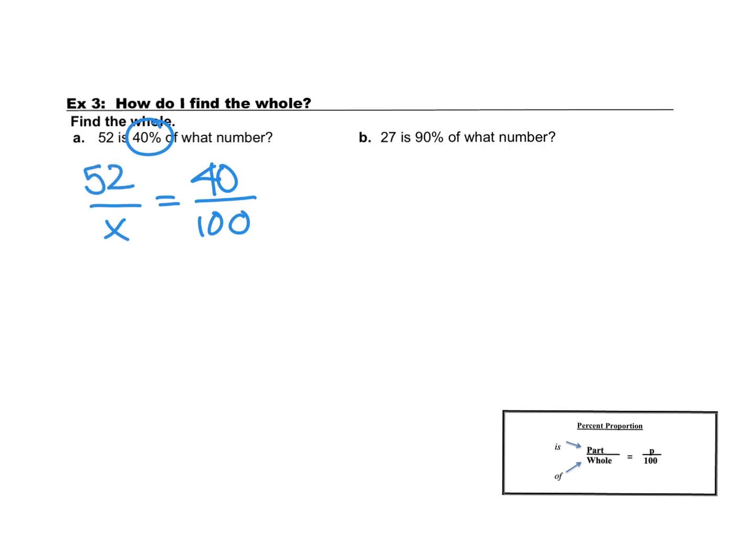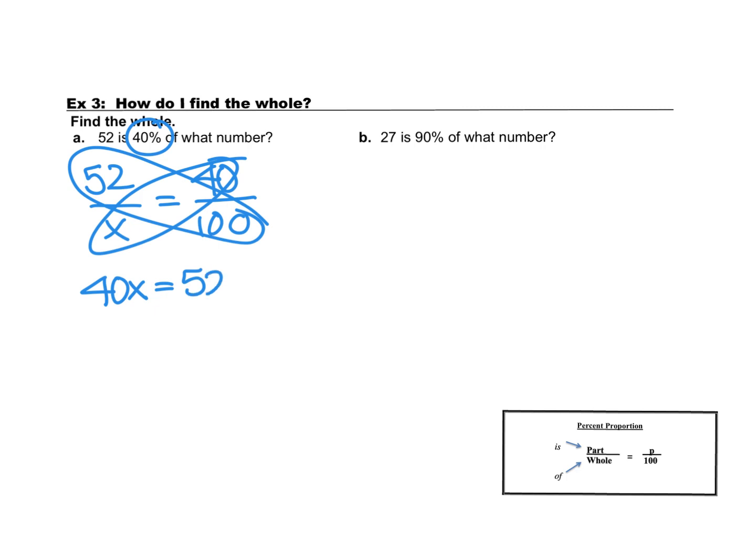So again, we're going to do our cross multiplication, and 40 times x is 40x, and then it's going to be equal to 5,200, and then we're going to divide by 40, and x will be equal to 130. So 52 out of 130 is equal to 40%.